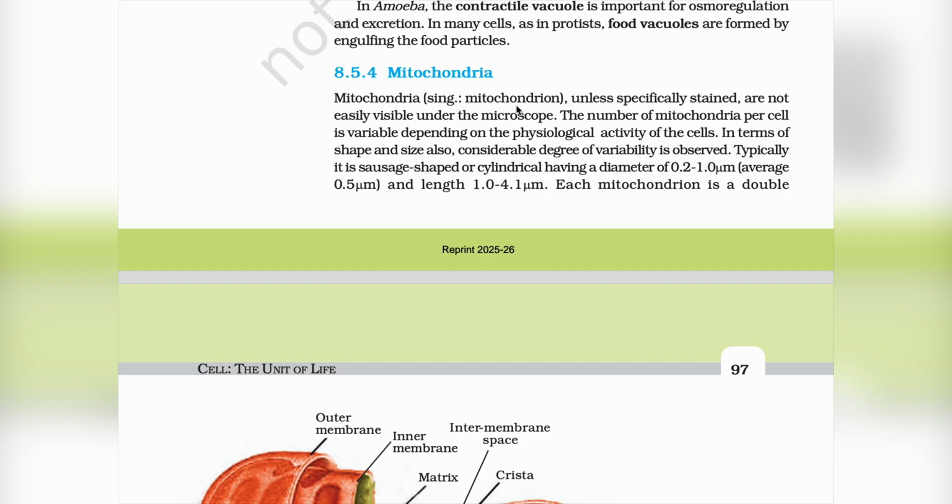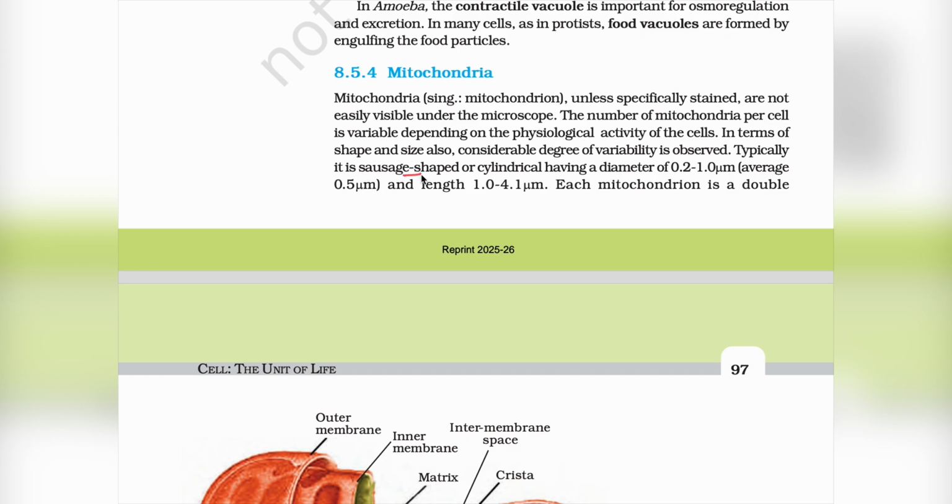Mitochondria, singular mitochondrion, unless specifically stained, are not easily visible under the microscope. The number of mitochondria per cell is variable depending on the physiological activity of the cells. In terms of shape and size also, considerable degree of variability is observed.